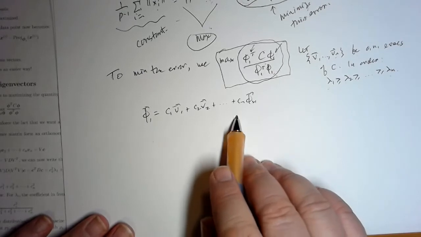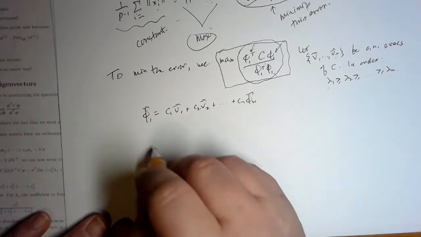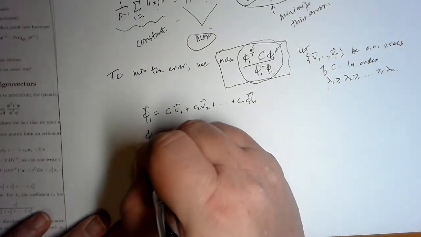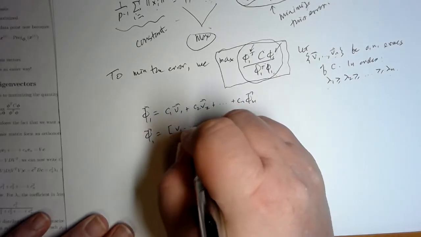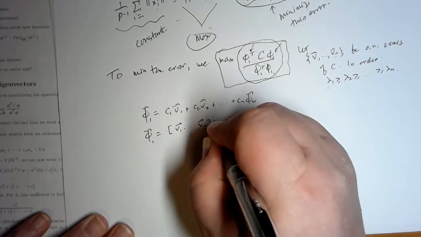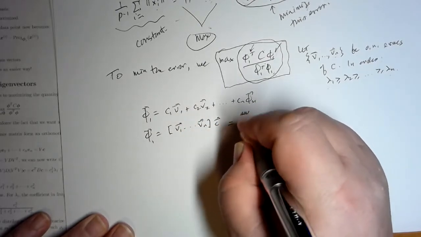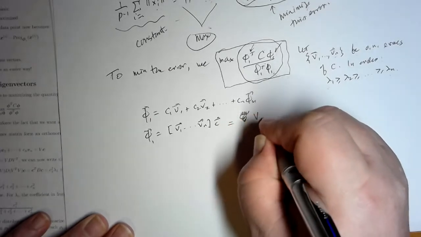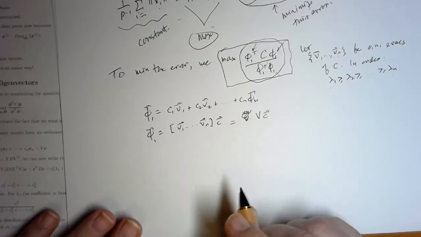But I don't think I need them right now. Let's go ahead and rewrite this in matrix vector form. So V1 through Vn times a vector C. That is a matrix V times the vector C. I'm trying to keep the notation the same as the book.